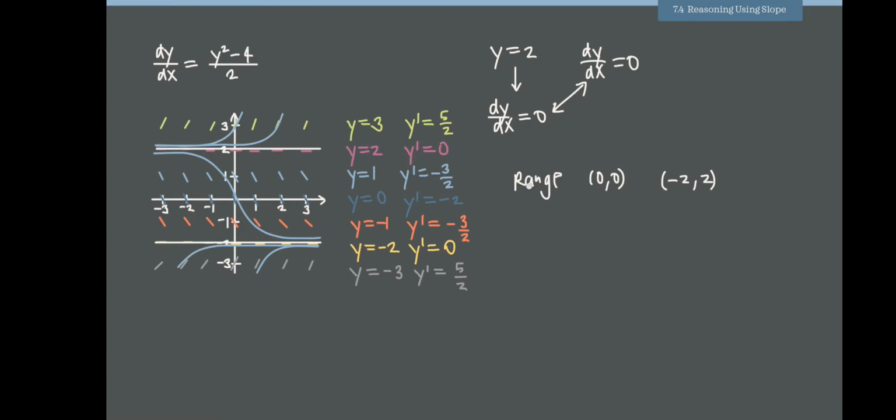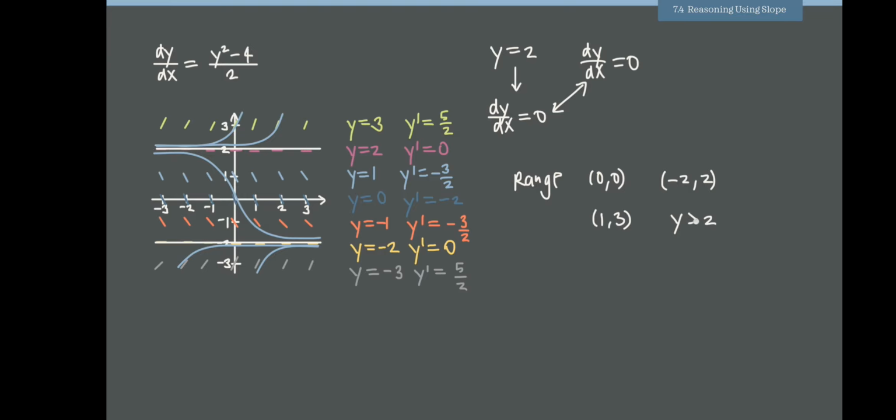Similarly, for the range of a solution curve that passes through the point, let's say 1, 3, we know that's going to be bounded below here by y equals 2, so the range is going to be y greater than 2, not greater than or equal to, because we're not ever going to touch this horizontal asymptote.